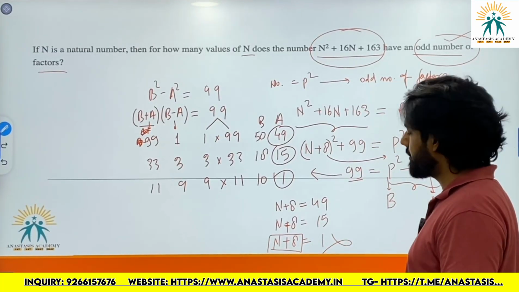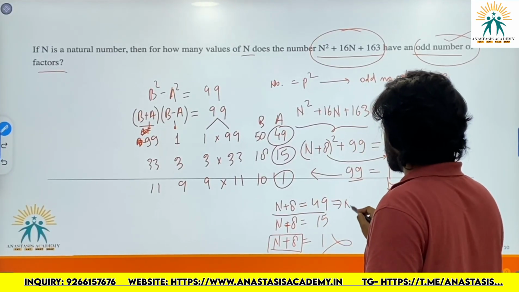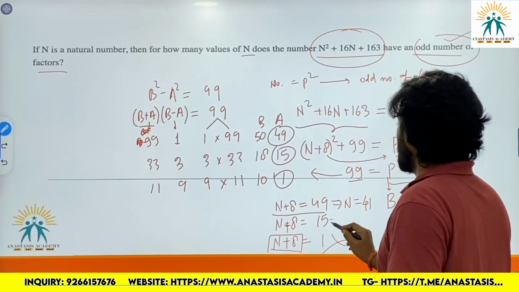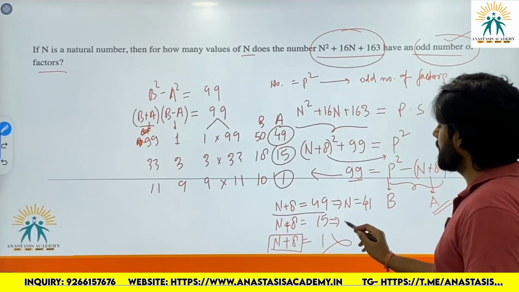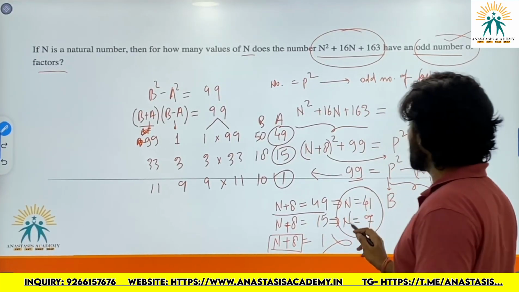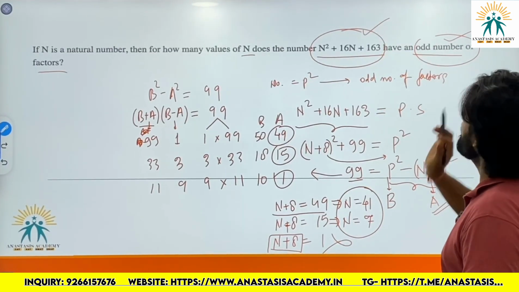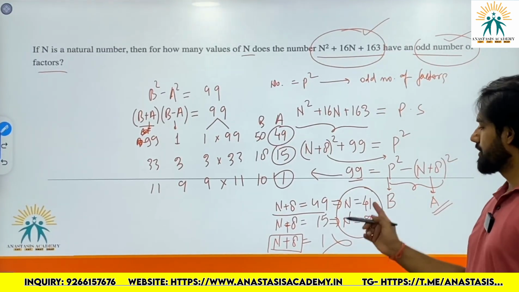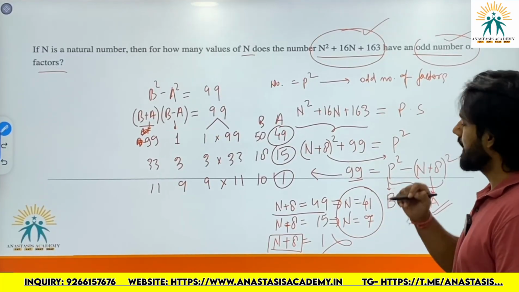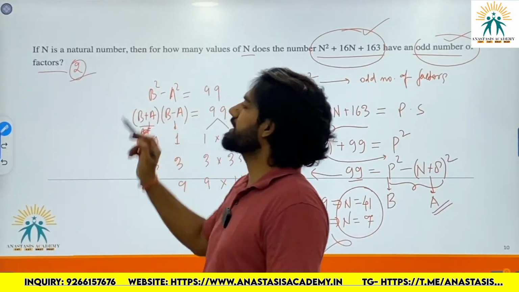Now for n plus 8 equal to 49, I get n as 41. And for n plus 8 equal to 15, I get n as 7. So for these two values of n, 41 and 7, this number will have an odd number of factors. So the correct answer is two values of n.